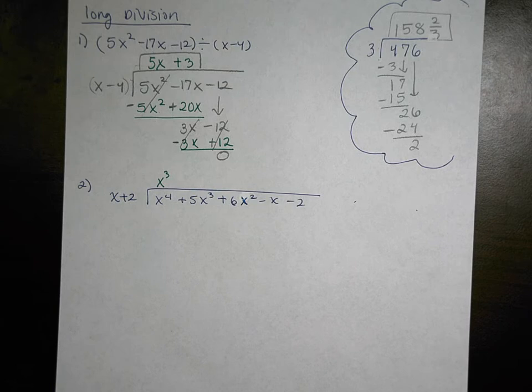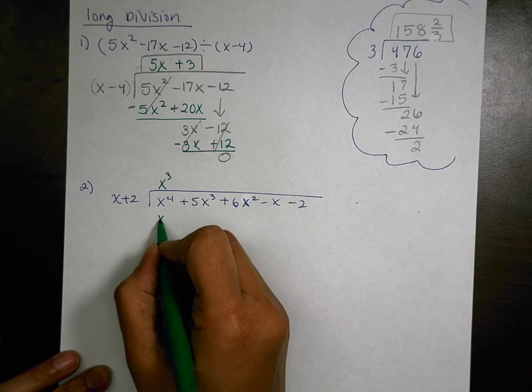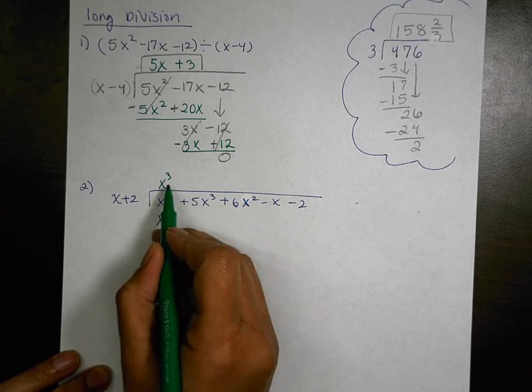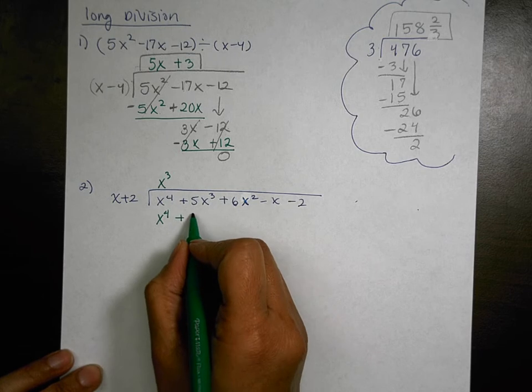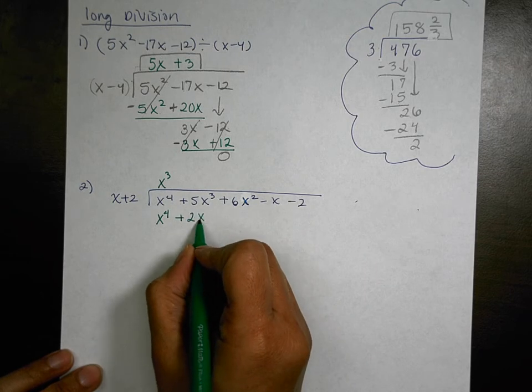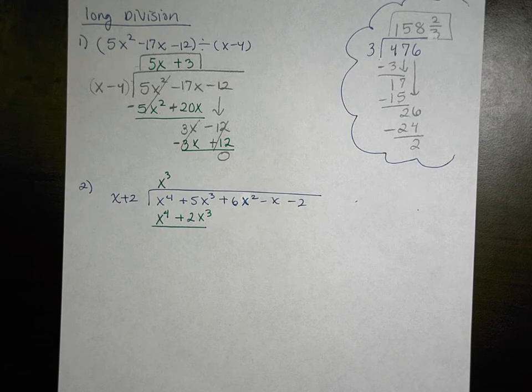And then I distribute. X cubed times x is x to the 4th. What's x cubed times 2? Positive 2x cubed. Yes or no? Okay.